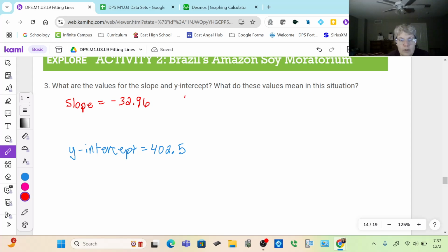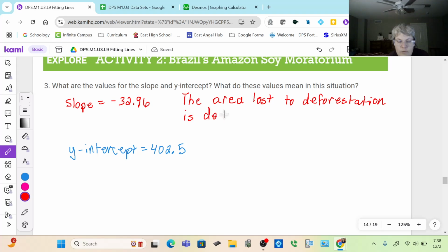So the area lost to deforestation is decreasing. That's what the negative tells me, is decreasing.